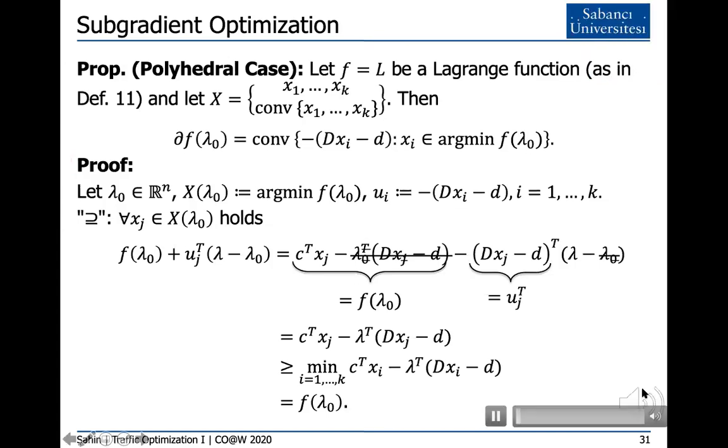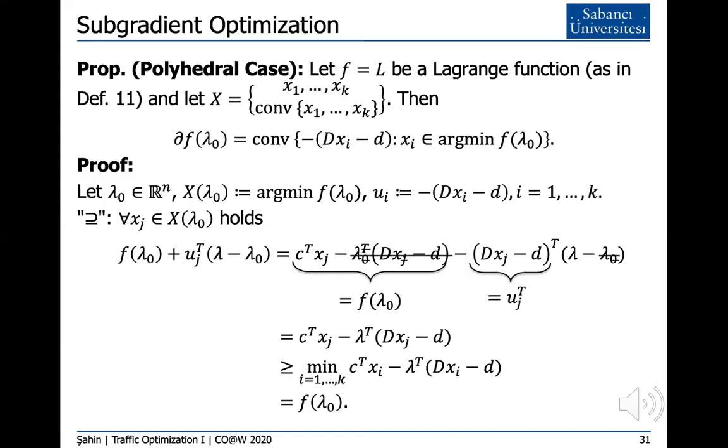Let us look at some initial lambda 0, and let X of lambda 0 be those feasible points whose affine functions are tight at lambda 0. Let u_j be the associated supposed subgradients. We first show that any such vector is a subgradient and provides an overestimation of the function. Is f of lambda 0 plus u_j transposed times lambda minus lambda 0 an overestimation?